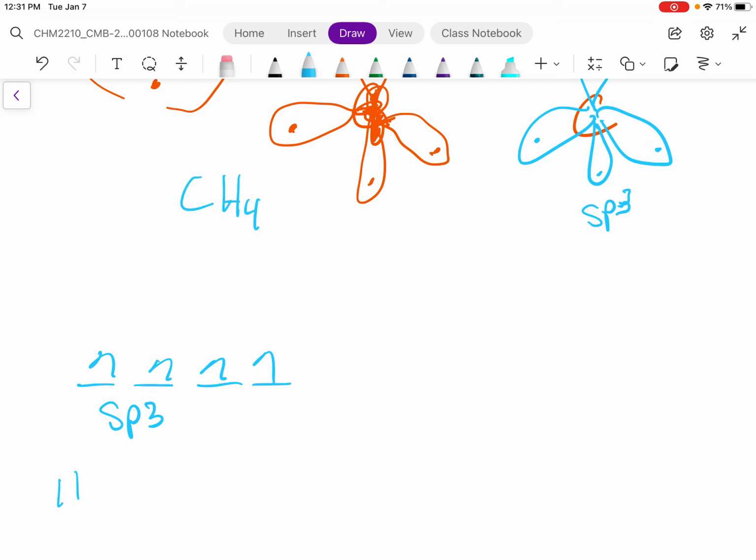So let's just draw 4 hydrogens. 1, 2, 3, 4. Each one of those comes with an electron. What orbital is the electron in on hydrogen? This electron right there. What orbital is it in? A 1s. Okay? So when we draw our carbon atom, let's draw our sp3 hybridized orbitals.